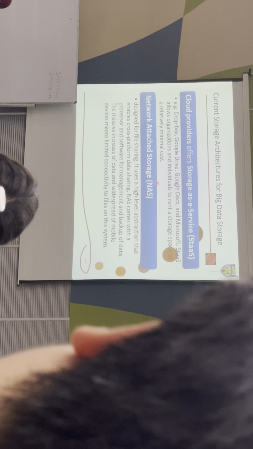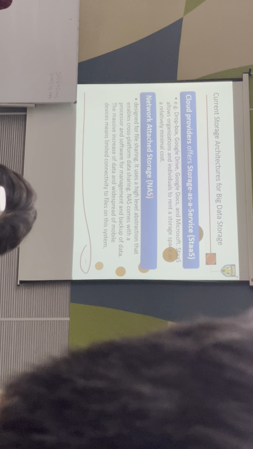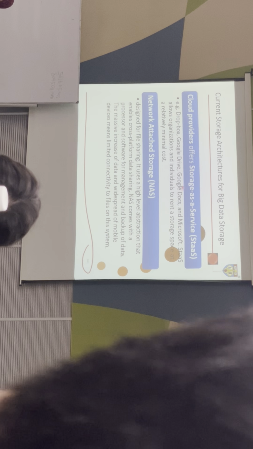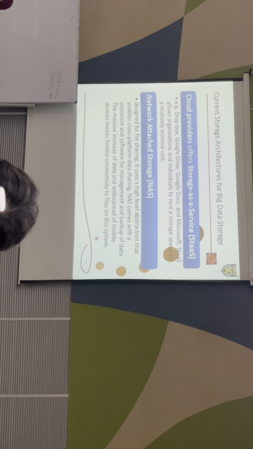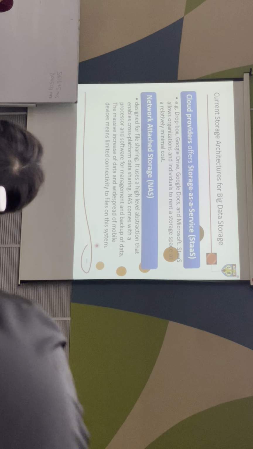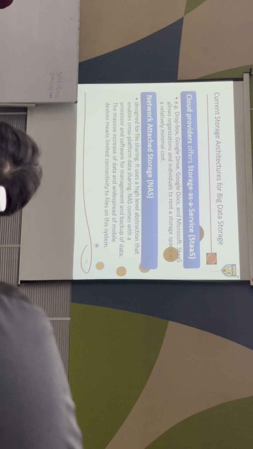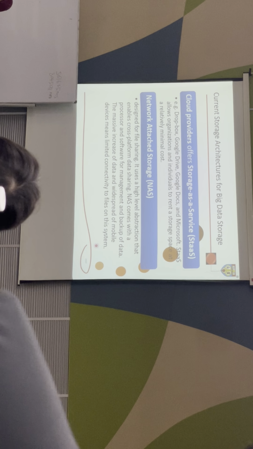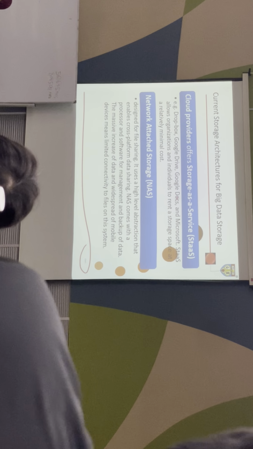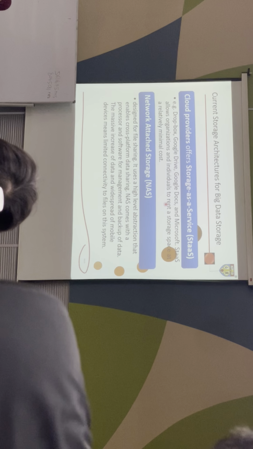Okay, and then we also have NAS, which is network attached storage. So NAS is designed for file sharing. For example, if you want to share files from computer A, computer B, and computer C in one network, you can use NAS.